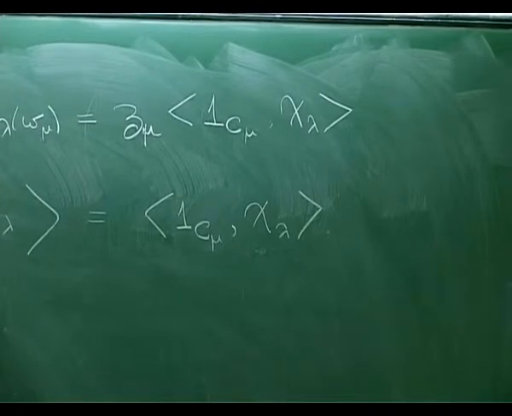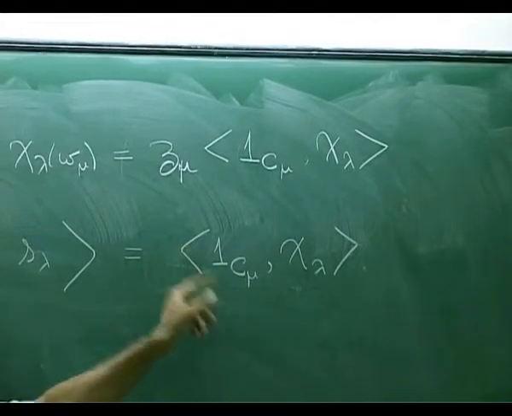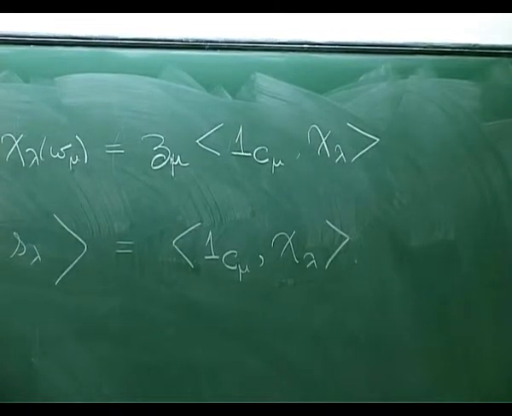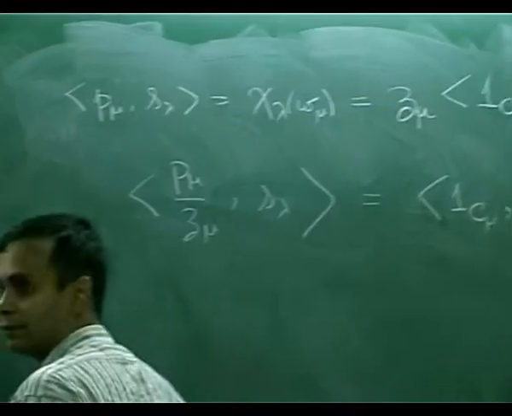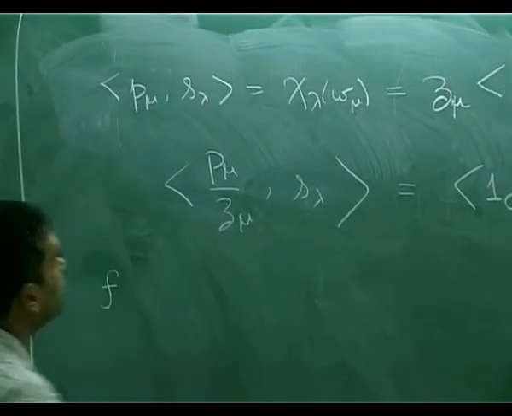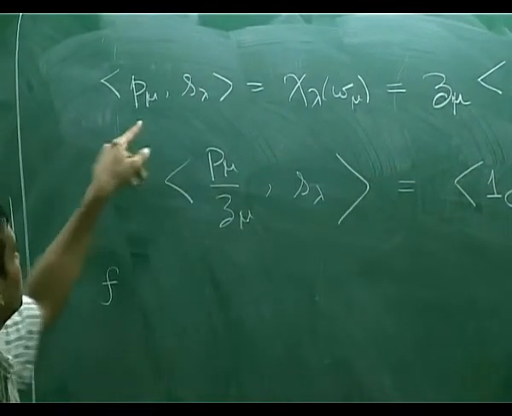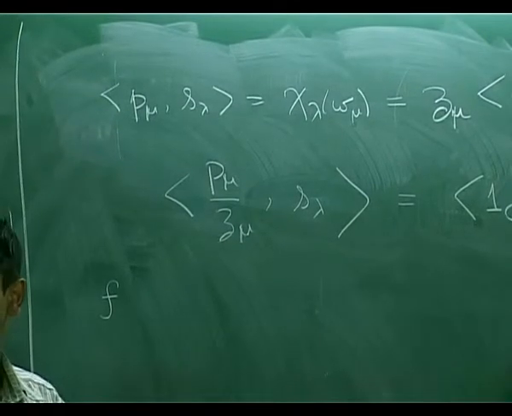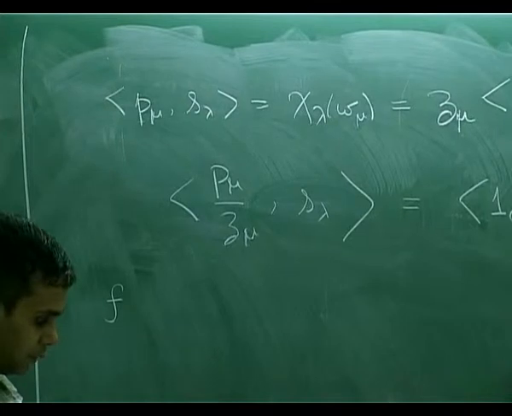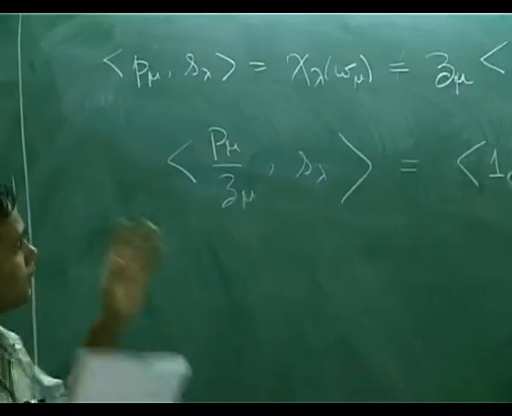Now any class function can be written as a linear combination of these things. It's 1 over z_mu, because I just brought the z_mu over to this side. So that's the class.